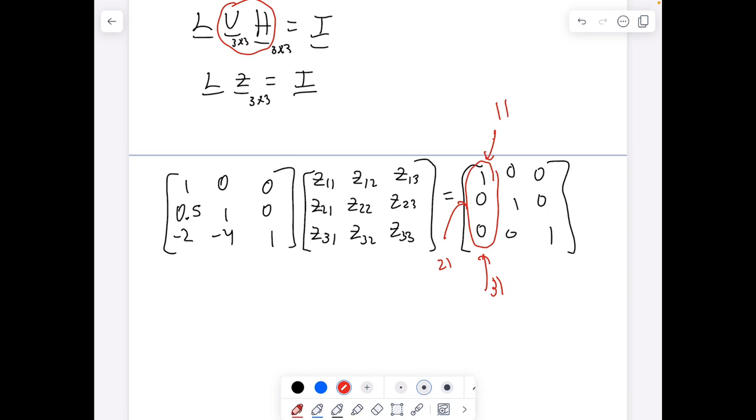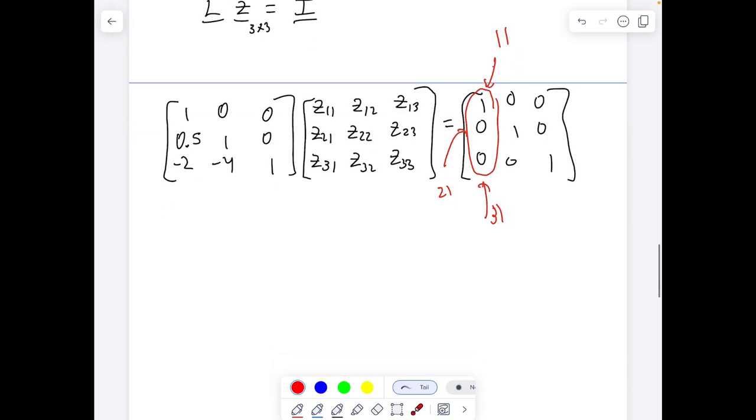So this whole column of 1, 0, 0 involves all 3 rows of L, because it's 1, 1, 2, 1, 3, 1. The 1, 2, 3 there are the rows. And the only column that we use is column 1, because this is a 1, this is a 1, and that's a 1.